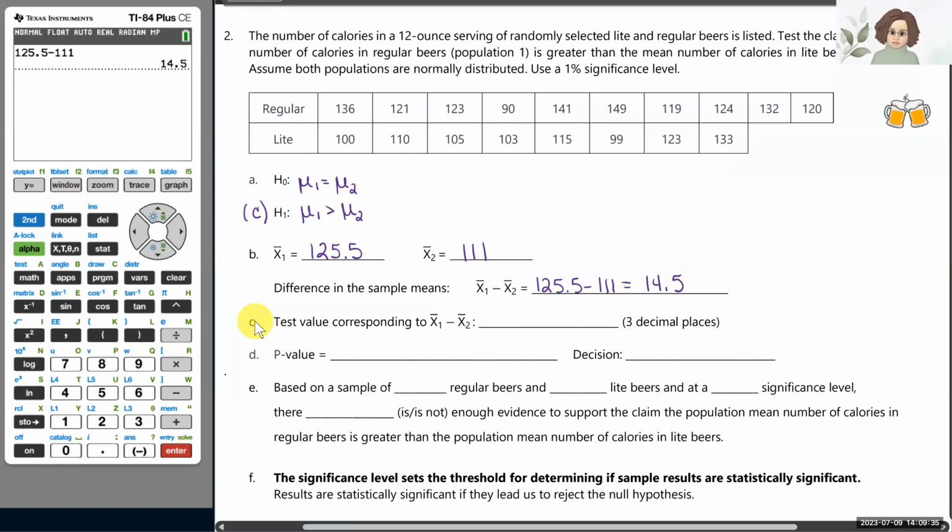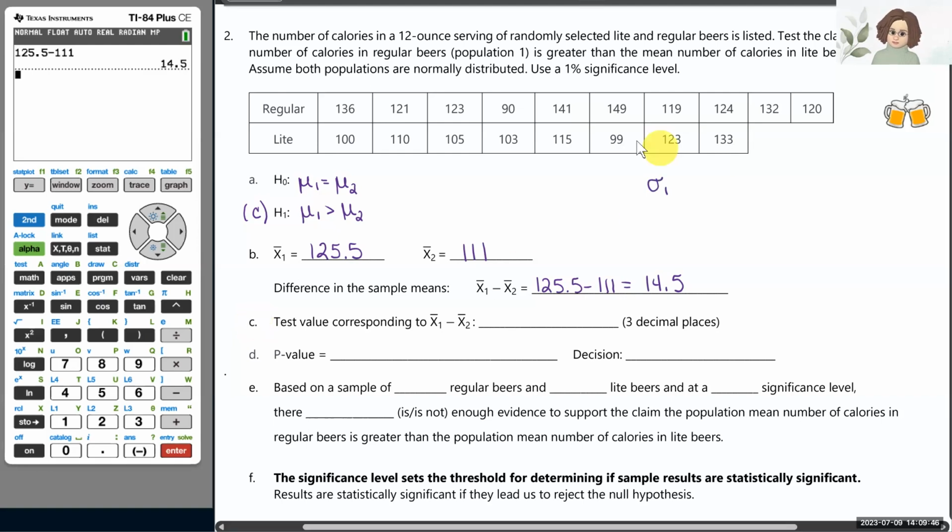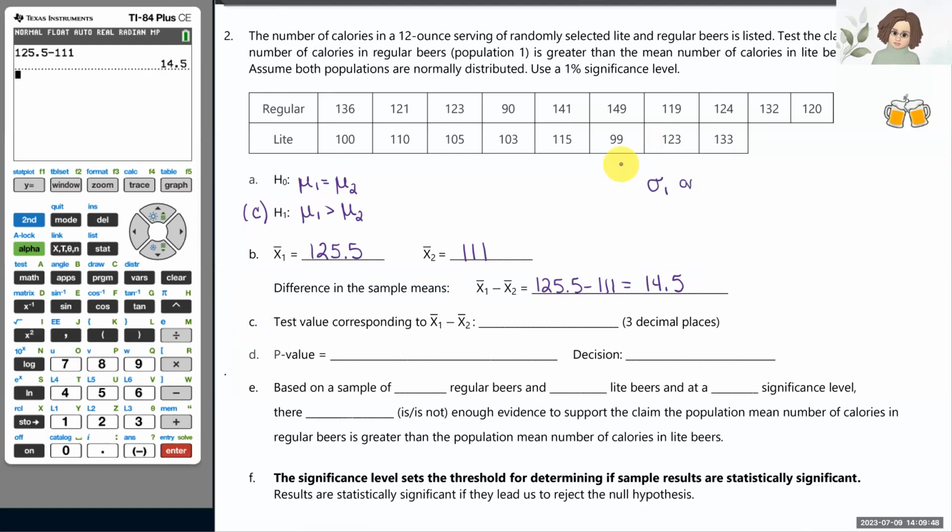We are not given the standard deviations of the populations. So we know we're doing a 2-sample t-test, and I'll make a note up here that sigma 1 and sigma 2, the population standard deviations, are unknown to us. They were not provided, so we know we're running a 2-sample t-test.